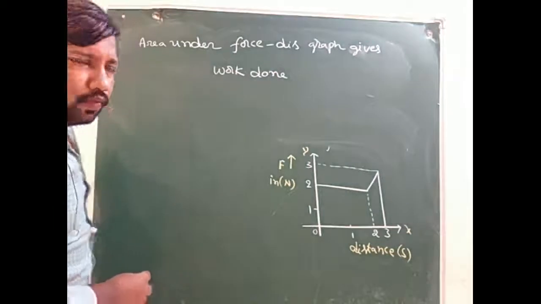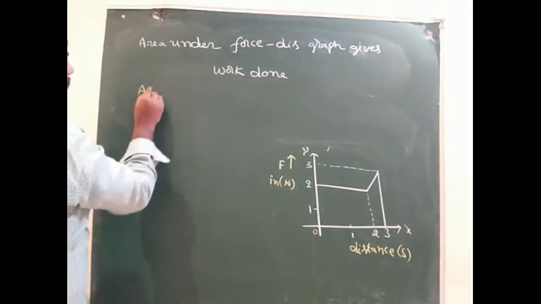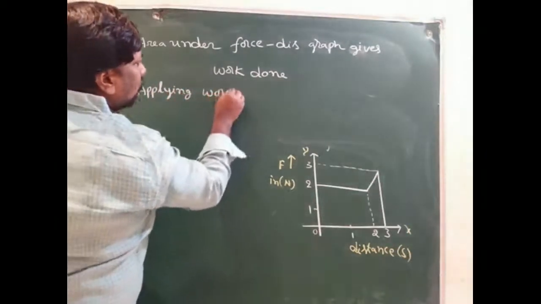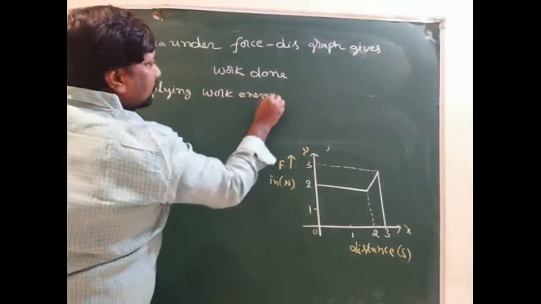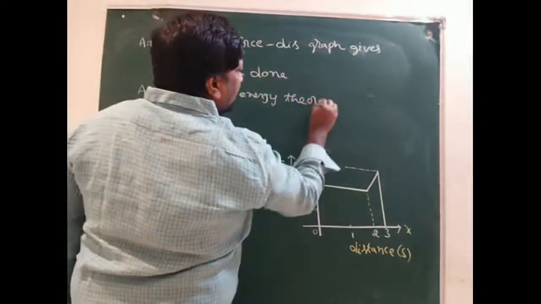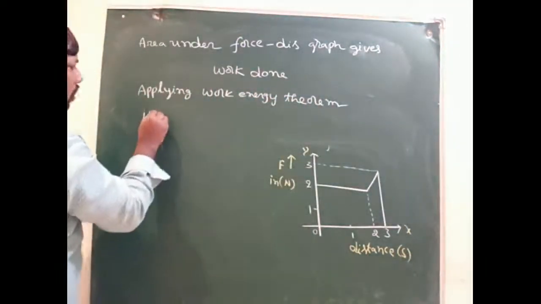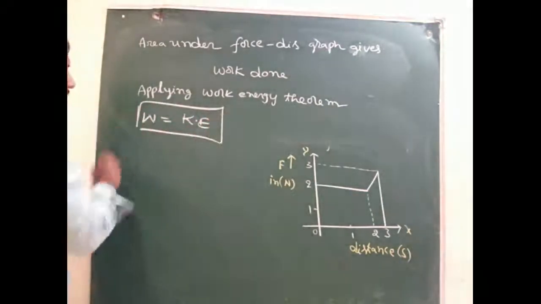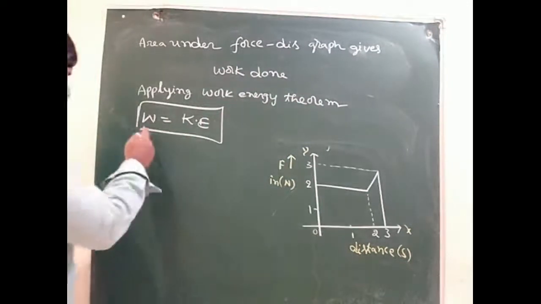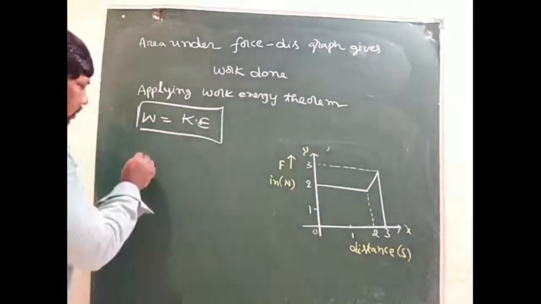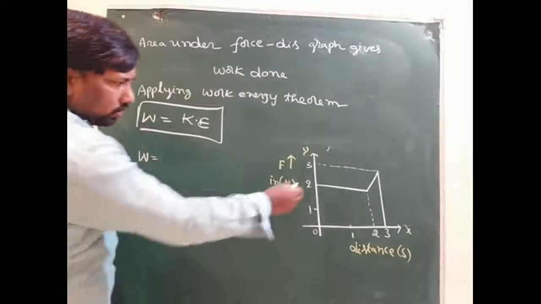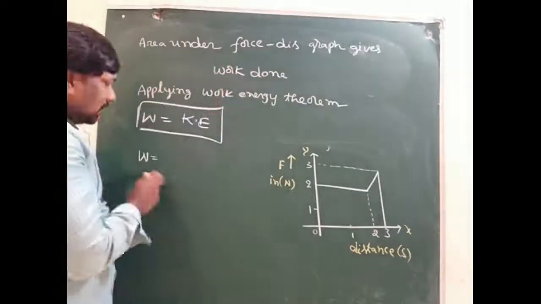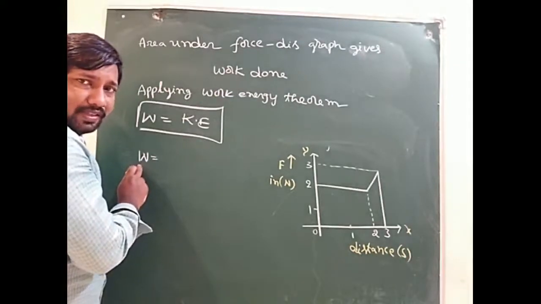So by applying the work energy theorem, W equal to the change in kinetic energy. So in this case, you can find out the work done. Therefore W equal to, here the area under the force and displacement graph gives work done.